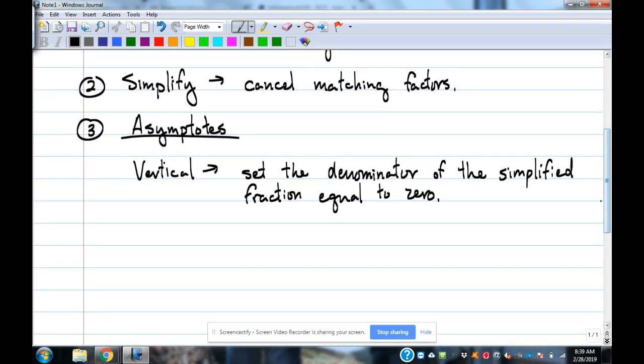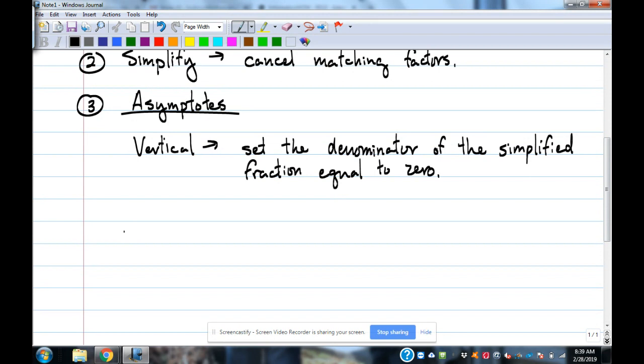The next one is the horizontal asymptotes and obliques. So let's talk about horizontal asymptotes. Different ones exist based on the degree of the numerator compared to the degree of the denominator. So there are a couple of rules that we need to look at for that.